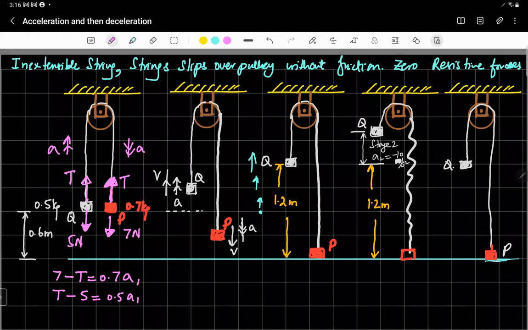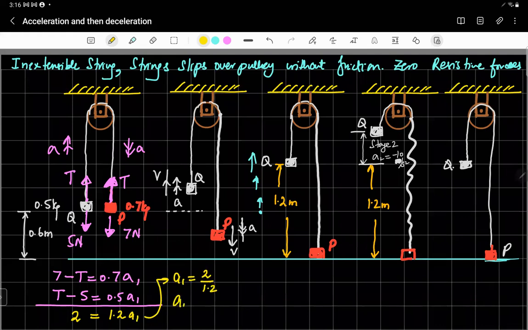Both have the same acceleration as they are connected by an inextensible string. And then adding these two equations, we get 2 Newton is equal to 1.2 A1. And A1 is equal to 2 over 1.2.